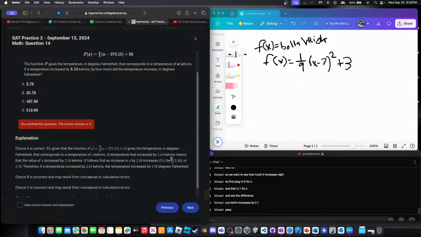F of x by 9 over 5, 2.10: the temperature increased by 2.10 kelvins, the temperature increased by 3.78 degrees Fahrenheit. Degrees Fahrenheit. But they didn't say that it started at 0 degrees Kelvin.